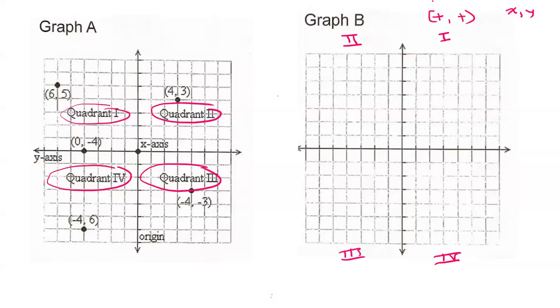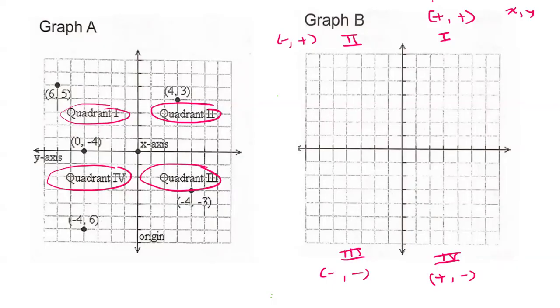Negative, positive, excellent. How about quadrant 3? Negative, negative, excellent. And how about quadrant 4? Positive, negative, perfect. Wonderful. It's really important to know those.